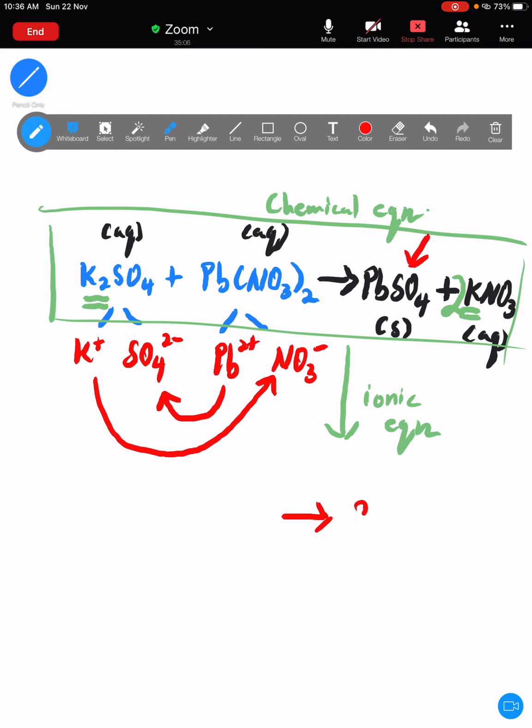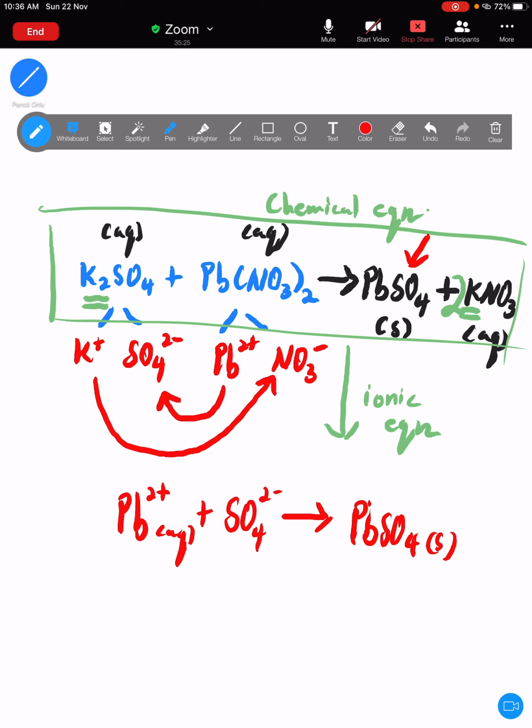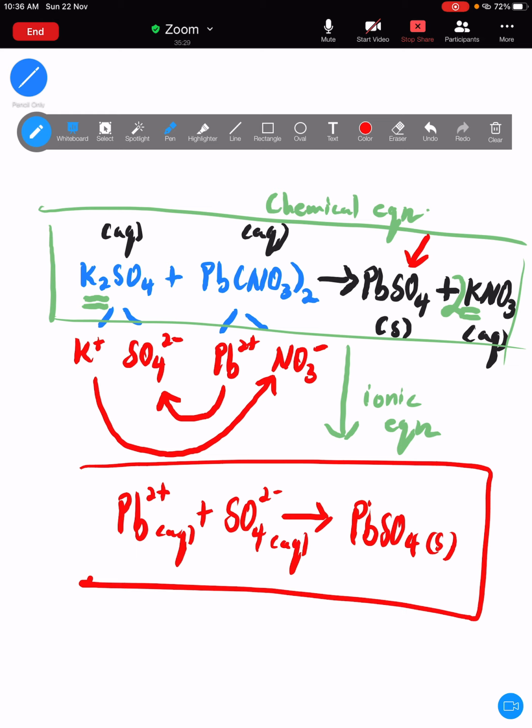Therefore, you are going to get PbSO4 solid. So what plus what gives you PbSO4? The answer will be Pb2+ aqueous plus SO4 2- aqueous. So this will be your ionic equation.